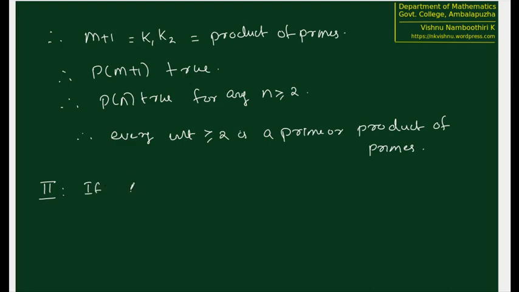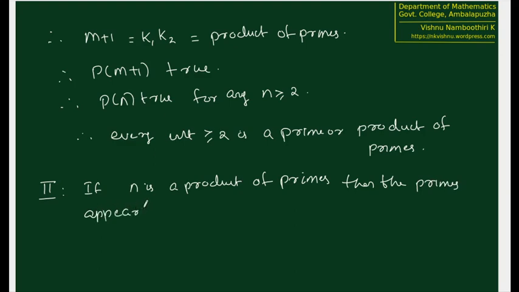Second part is this: if n is a product of primes, then the primes appearing in the product is unique up to reordering of the primes.